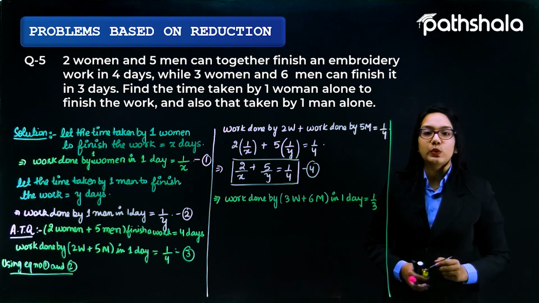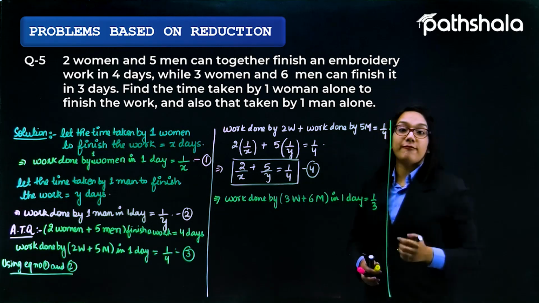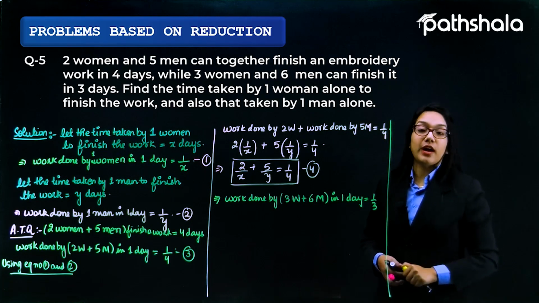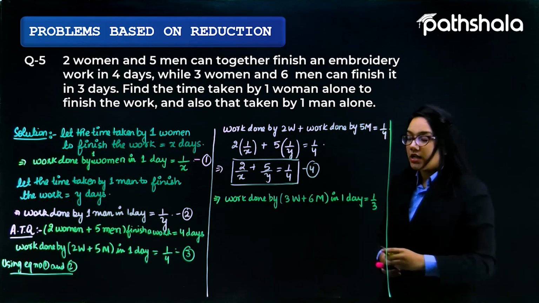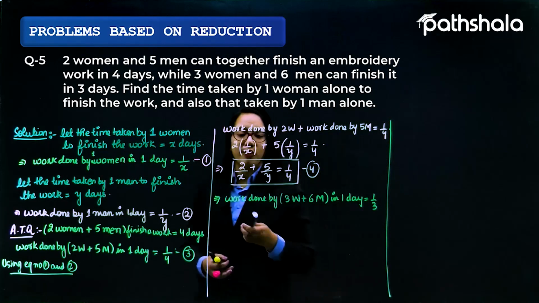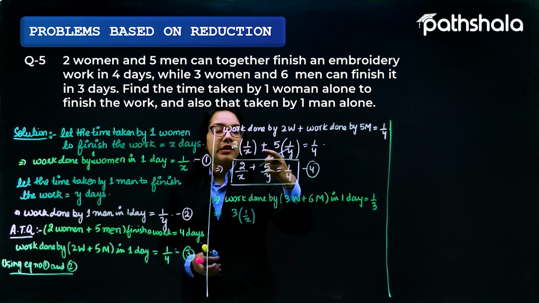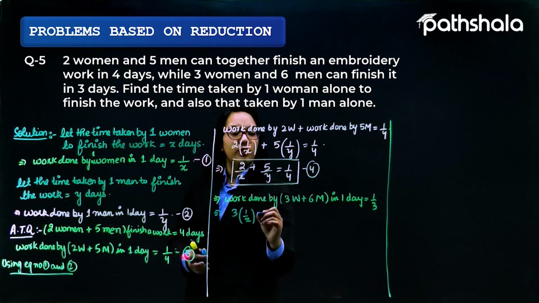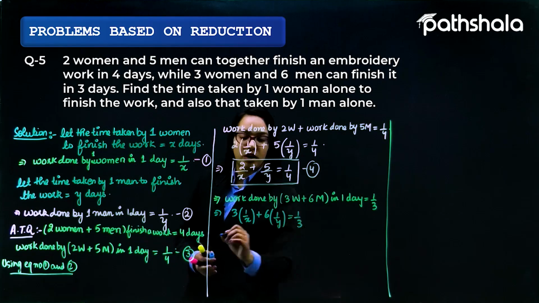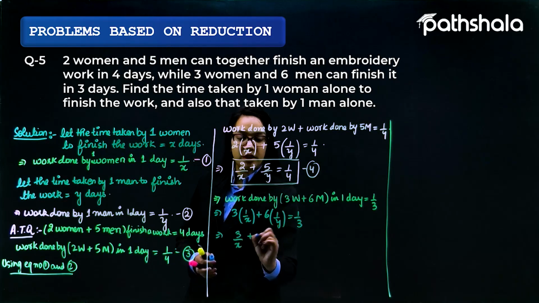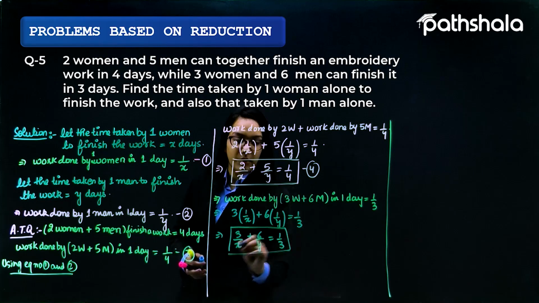Why so? Because 3 women and 6 men can finish the work in 3 days, so their 1 day efficiency should be 1 by 3. We can form this equation as 3 into 1 by x plus 6 into 1 by y, which is equal to 1 by 3. So the equation is 3 by x plus 6 by y equals 1 by 3, and this is my equation number 5.